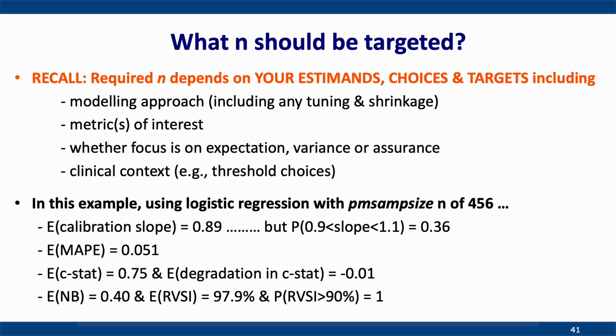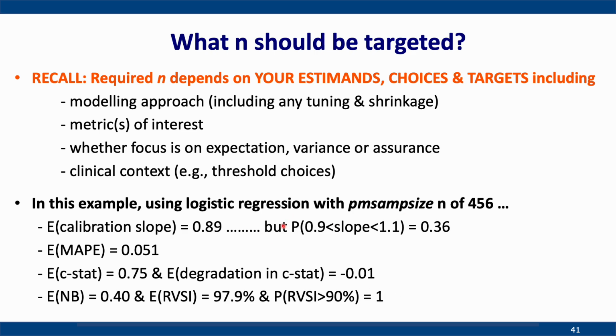So in this example, using a logistic regression with a pmsampsize sample size of 456, we would have an expected calibration slope of 0.89, but a low probability that the slope would be between 0.9 and 1.1, because we're using logistic regression without any penalisation. We'd have the expected value of the mean absolute prediction error of 0.051, the expected c-statistic 0.75, but we'd have a probability of 1 of obtaining a net benefit of at least 90% of the maximum net benefit.